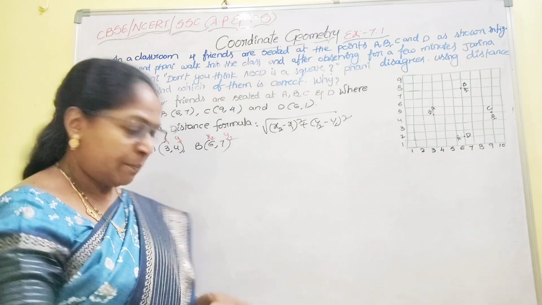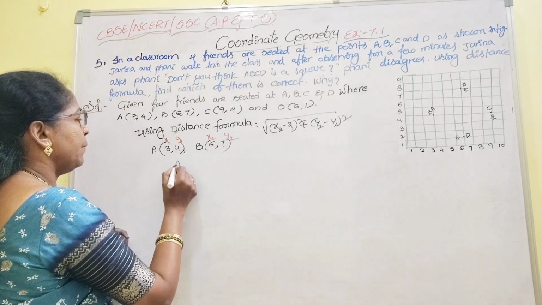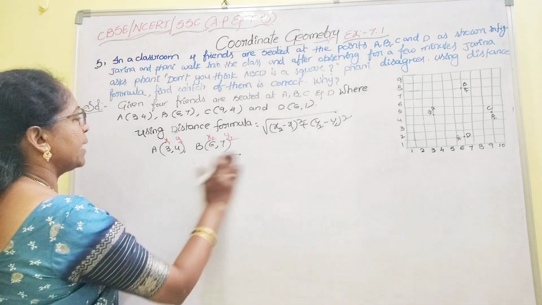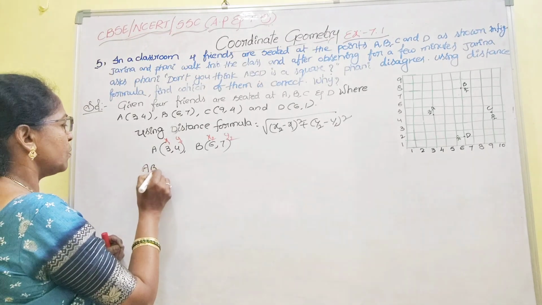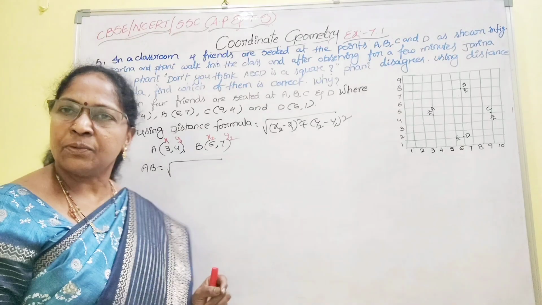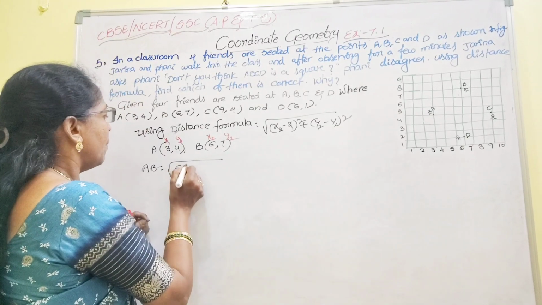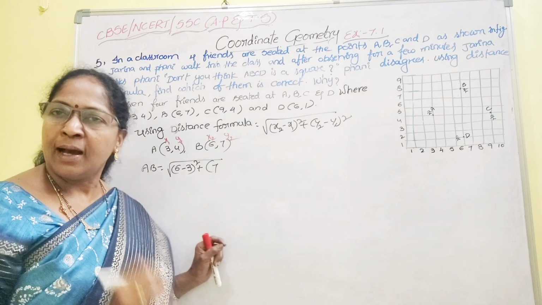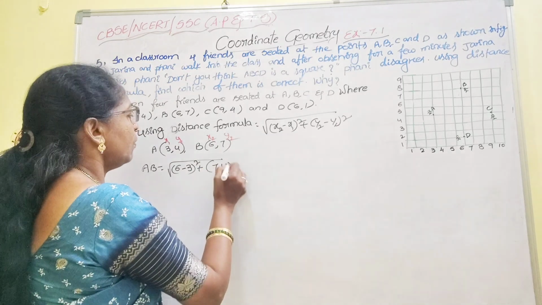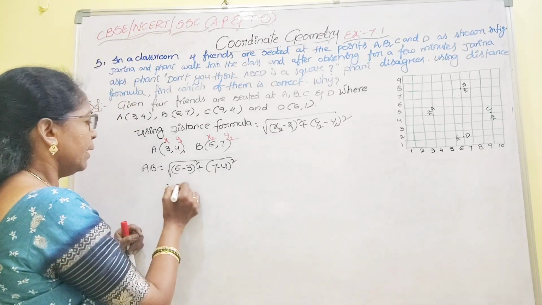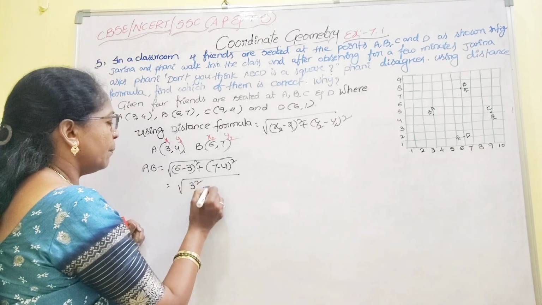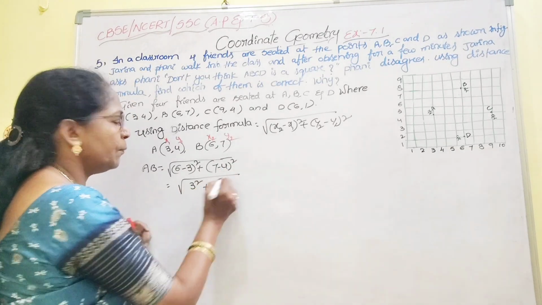Mention it like this, where AB equals square root of x2 minus x1 whole square plus y2 minus y1 whole square. So square root of where x2 equals 6 minus 3, x1, whole square plus y2 is 7 and y1 equals 4, whole square. That equals 6 minus 3 equals 3 square plus 7 minus 4 is also 3 square.